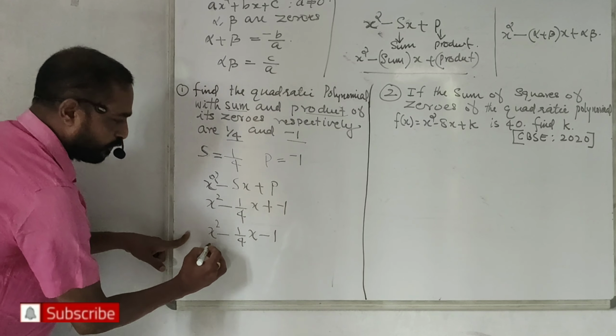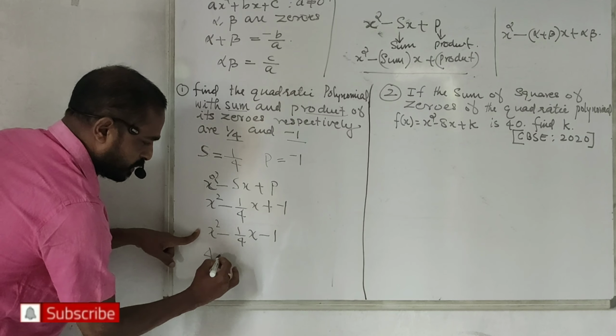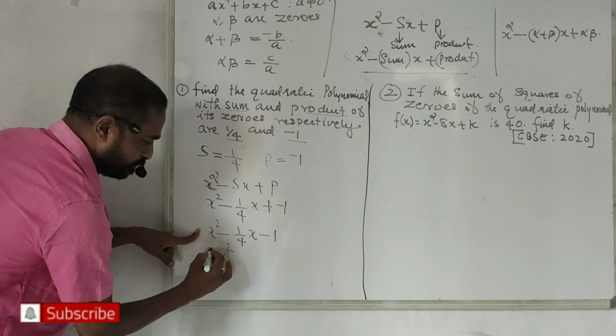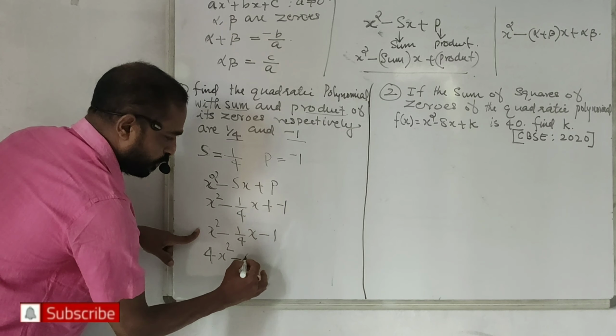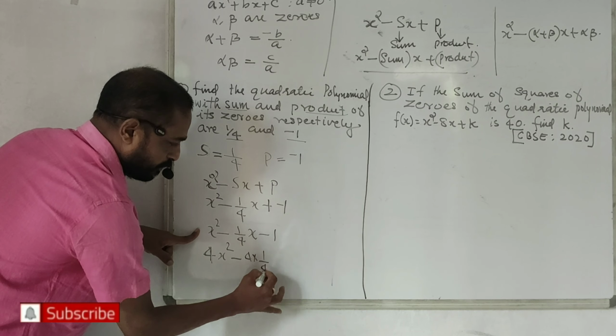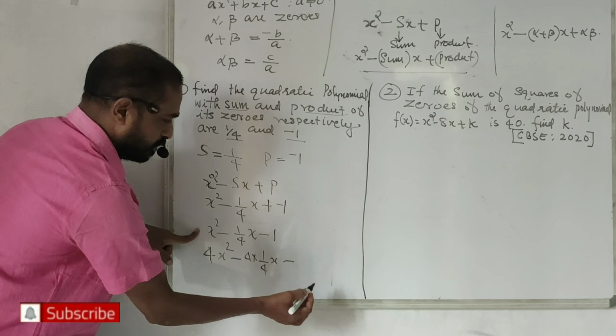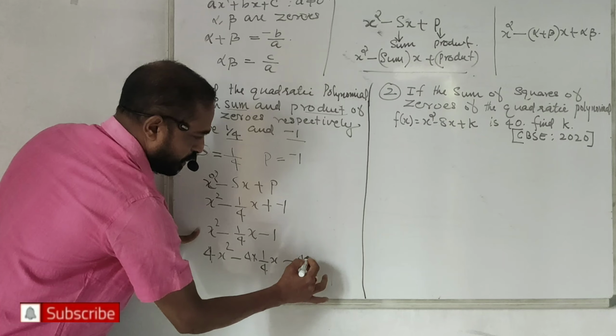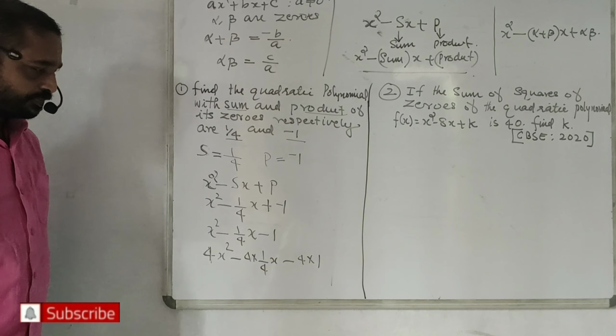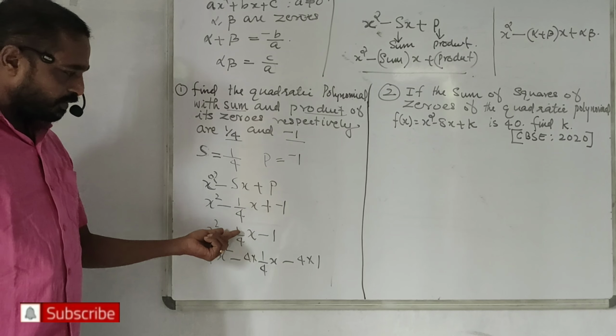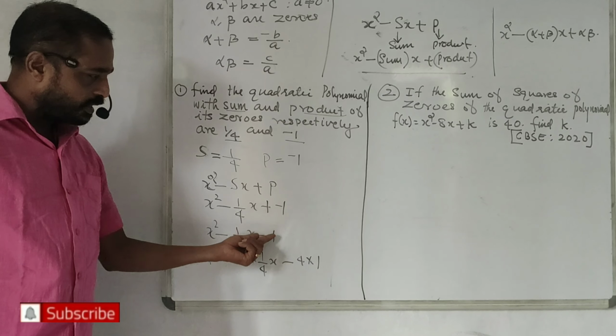Okay, so 4 into x square, that is 4x square, minus 4 into 1 by 4x, minus 4 into 1.